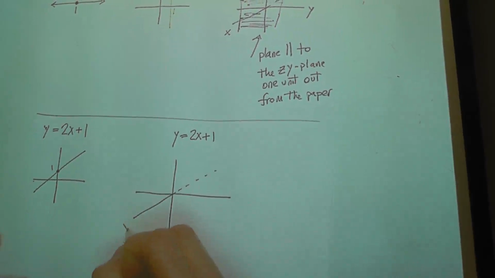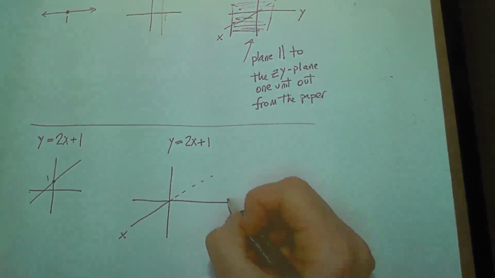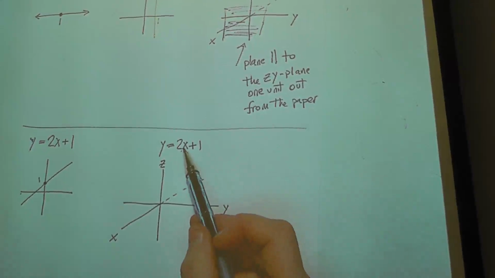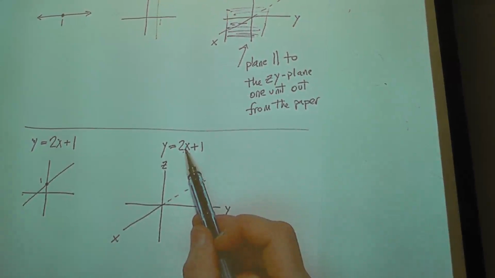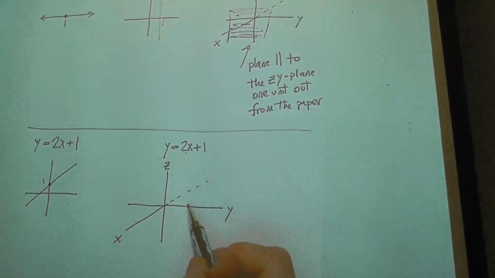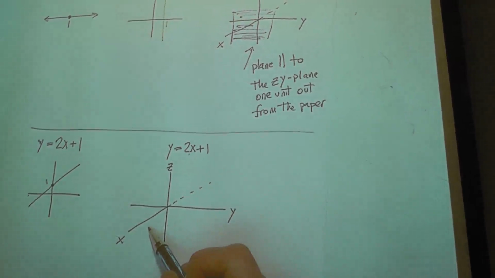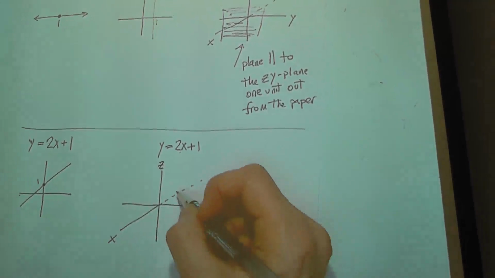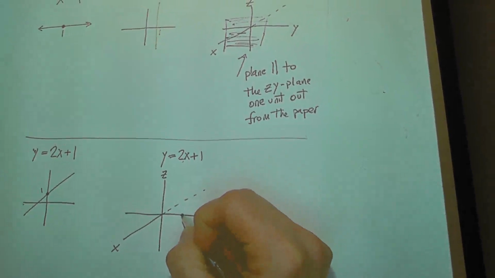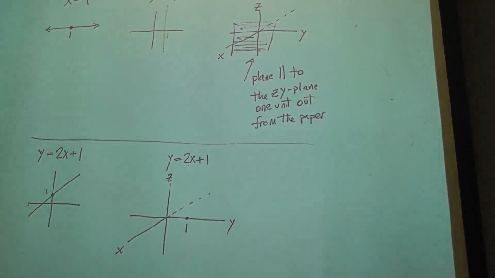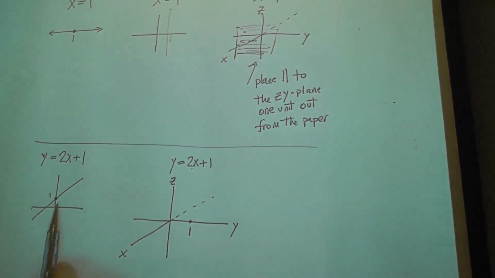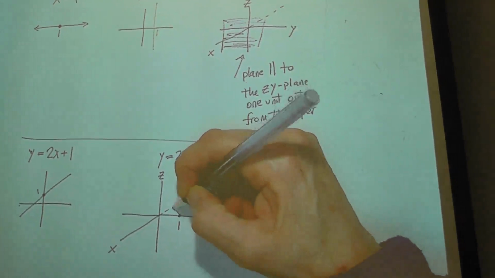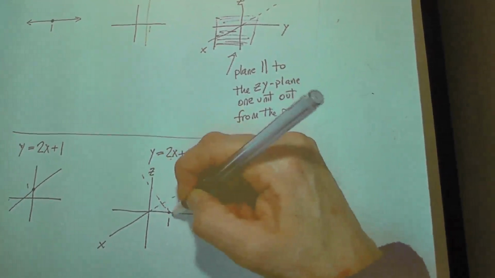So again, let me draw x, this is y, this is z, and what I will look at is this line in the xy plane. It's a line with positive slope, it's got a y-intercept of 1, and it goes back like this.